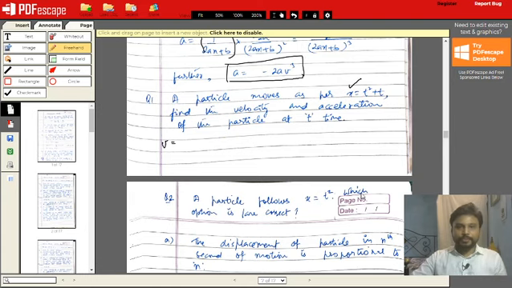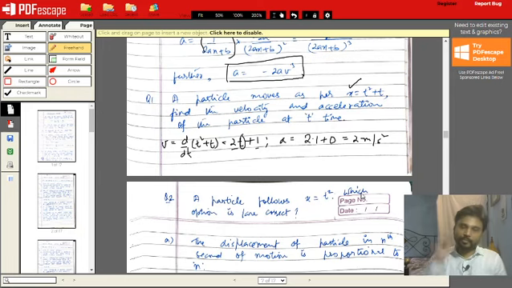The velocity is d by dt of x, that is t square plus t. So that would be 2t plus 1. Again differentiating velocity with respect to time, we get 2, since differentiation of t would be 1 plus 0. So that would be simply 2 meter per second square.